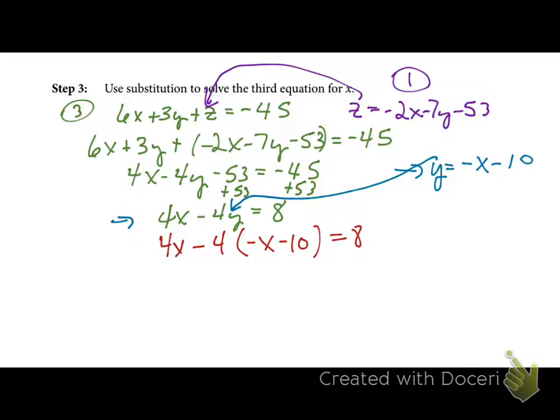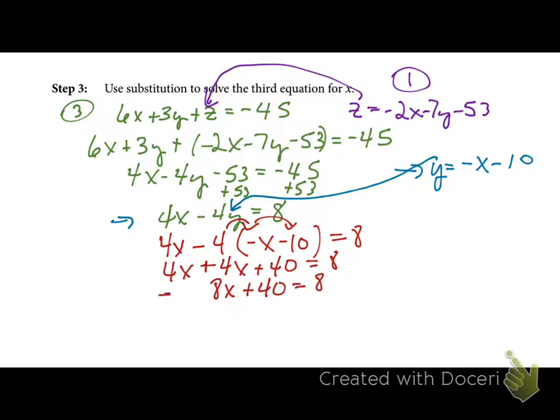Very important step here, you must distribute your negative 4. So we would have 4x, negative 4 times negative x would be positive 4x, negative 4 times negative 10 would be positive 40, equal to our 8. Now we've got a 4x plus a 4x, which would give us 8x, plus our 40 equal to our 8.